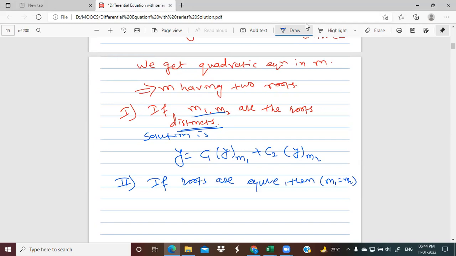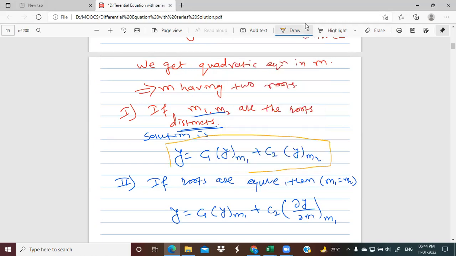In this case, we can write the solution y is equal to c1 into y at m1 plus c2 into the partial derivative of y with respect to m at this m. In this case, we are getting the solution. So if roots are distinct and not differing by an integer, or roots are repeated, then we can write the solution like this.